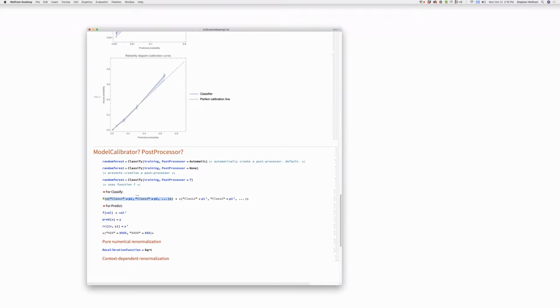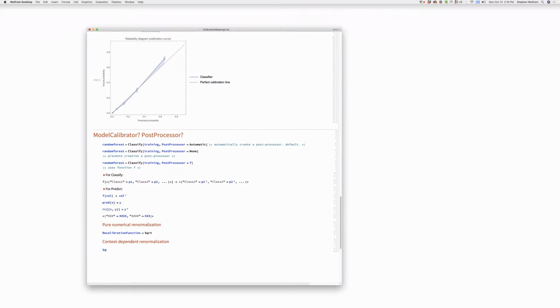So your basic claim is, if I take this association and say square root of that association, because they are listable, it will work. Of course, if you do a custom function that works on only one value, it won't work. But I think in 90% of cases where you just use functions like that, it will just work. Fine. That's nice.